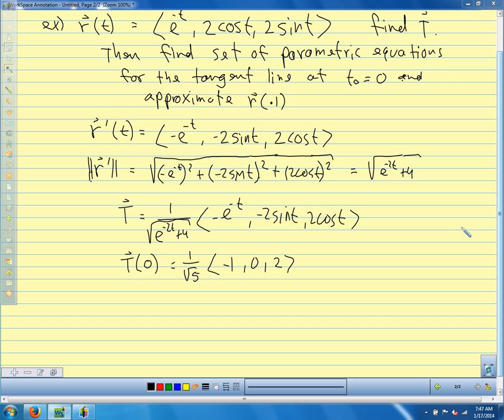Do I need to worry about this 1 over square root of 5 for my direction numbers for my parametric equations for my line? All I need is the vector pointing in the direction of the line. So I can use these for my direction numbers. So my direction numbers: a equals negative 1, b equals 0, and c equals 2.